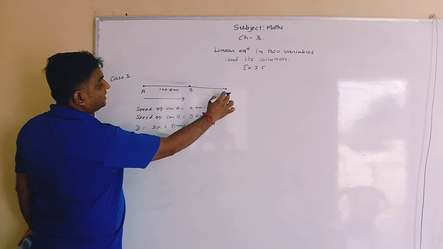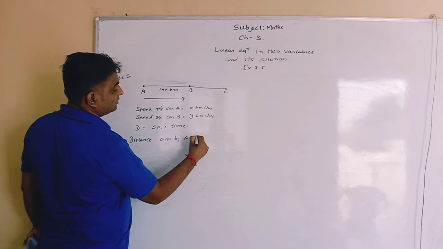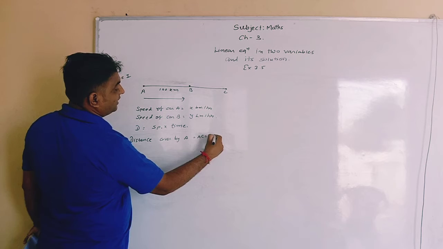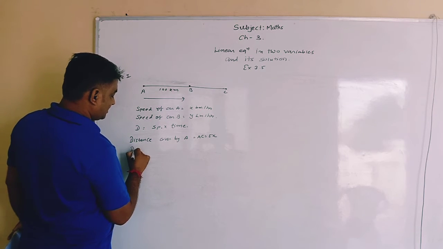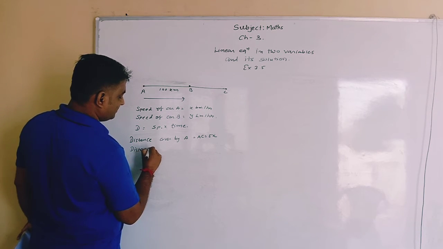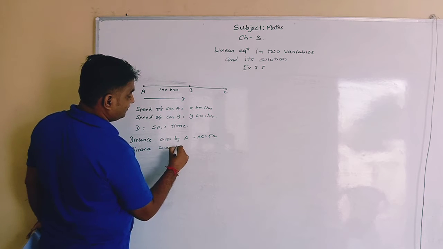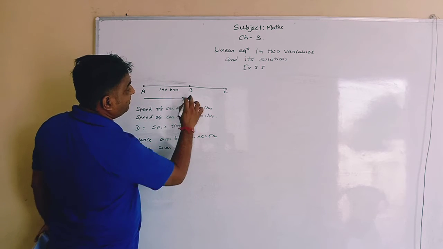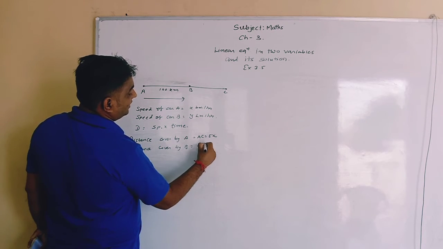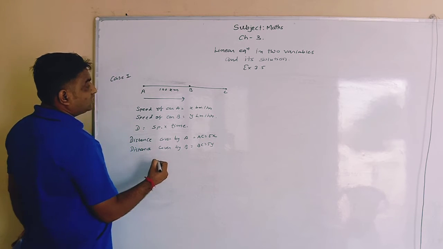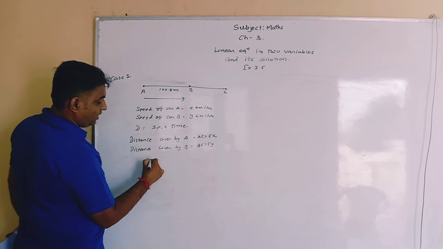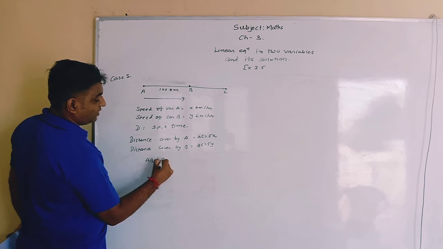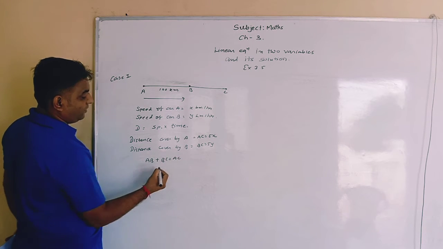That is the AC distance, that is 5x, and the distance covered by B, that is the BC distance, that is 5y. And so we can write that AB plus BC equals AC from the figure.